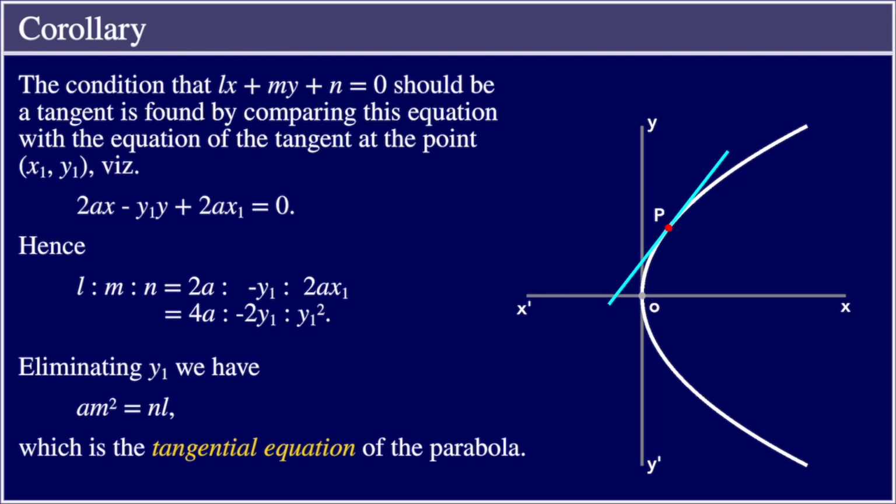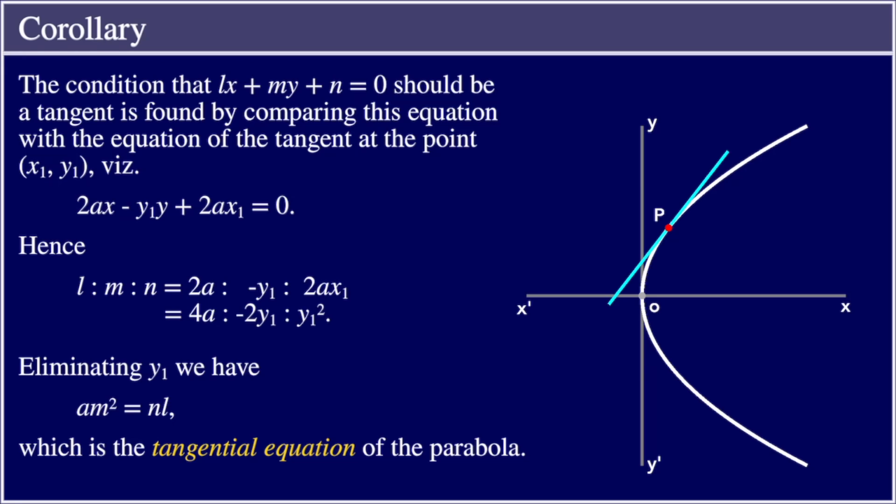Corollary. The condition that lx plus my plus n equals 0 should be a tangent is found by comparing this equation with the equation of the tangent at the point (x sub 1, y sub 1), namely 2ax minus y sub 1 y plus 2a x sub 1 equals 0.